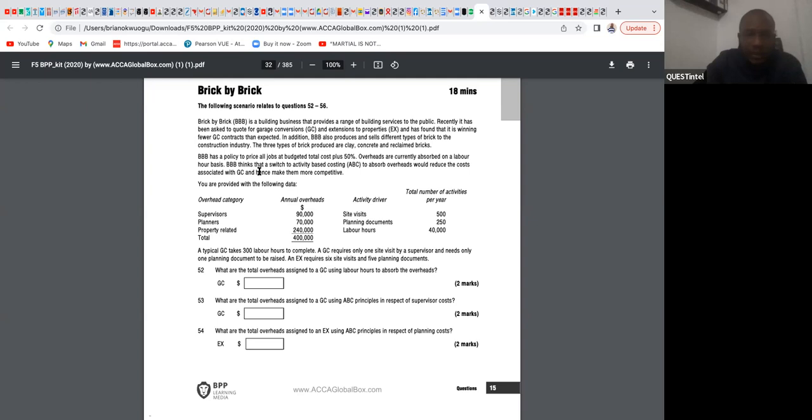Triple B thinks that a switch to ABC to absorb overheads would reduce the cost associated with GC and hence make them more competitive. You are provided with the following data. So overhead categories: supervisors, planners, property related, and total. And then the drivers, so they've identified the drivers for us.